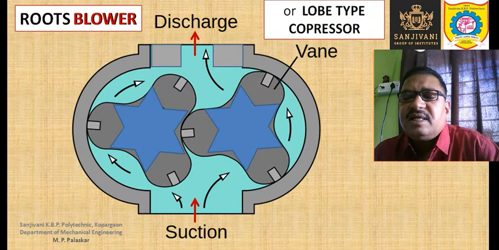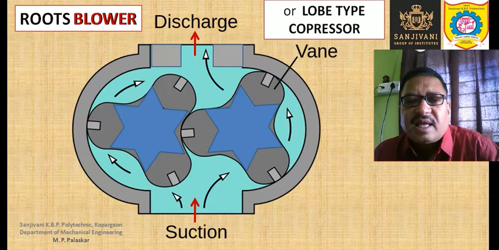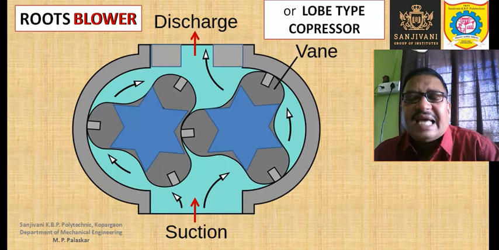One of these gears is the driver, the other is the driven. So the driver gear drives the driven gear, and in this way both the rotors will rotate, but they will rotate in the opposite direction. Okay, and the difference is that here we are having 3 lobes on these rotors.